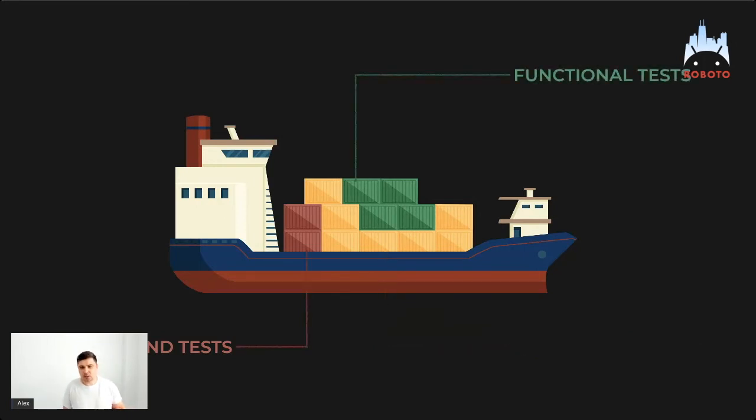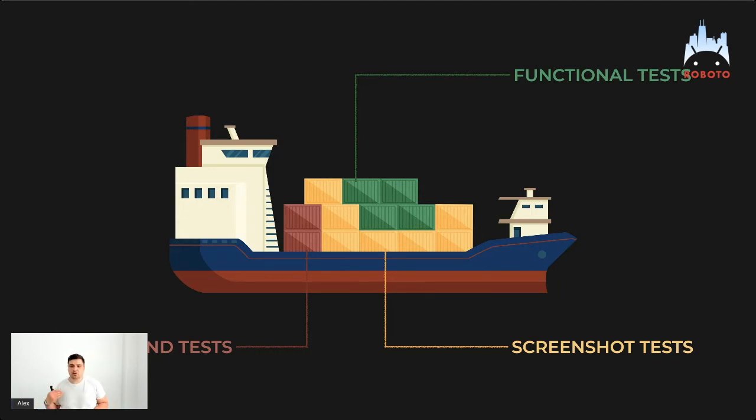And the last one, we try to remove pixel perfectness. With end-to-end test and functional test, we can cover everything perfectly without pixel perfectness. So still you can have some visual regressions in your code after any changes or before release. So ideally, we cannot really remove any of these types of tests. And my experience recommends you to have just a small percent of end-to-end test and later on a big percent of screenshot test and a bit smaller of functional test.